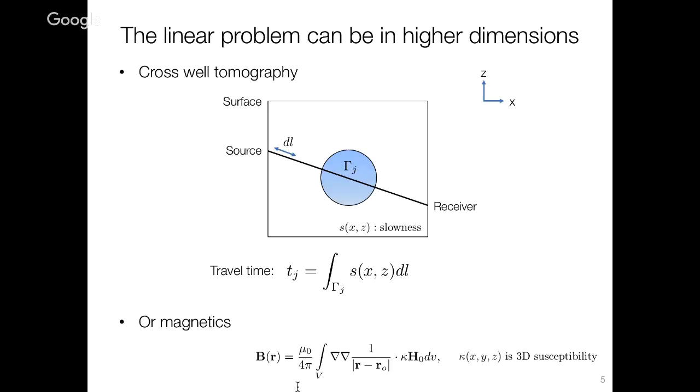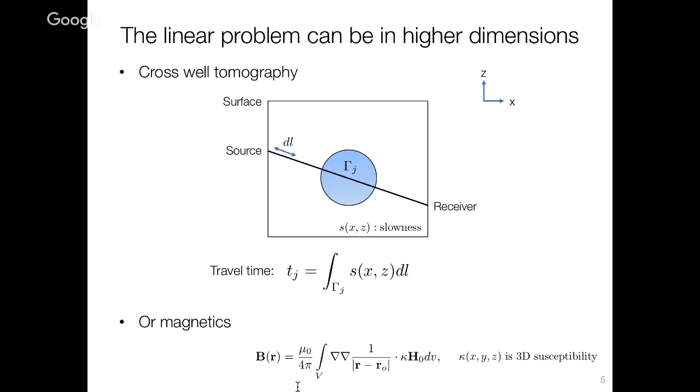You could have straight ray tomography that would mean that it propagates right along this line, or you could have some other relationship. So we can relate the travel time, if we like, to the integral of the slowness along whatever ray path that we've got. So that would also then be a linear problem. So this would be a two-dimensional problem.